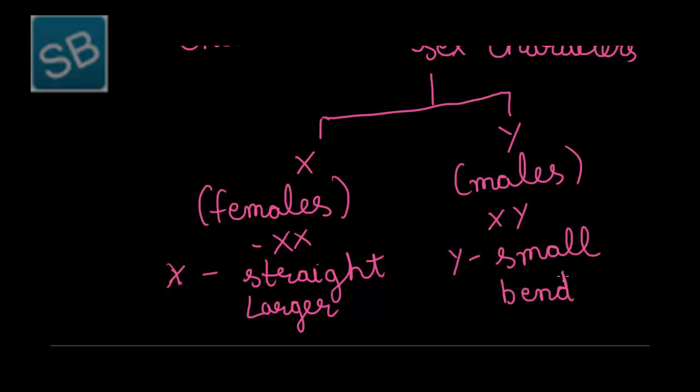Thus, this was the difference between the two types of chromosomes possessed in different organisms that differentiated between the two types of organisms.